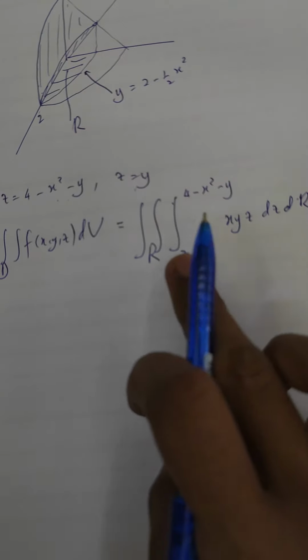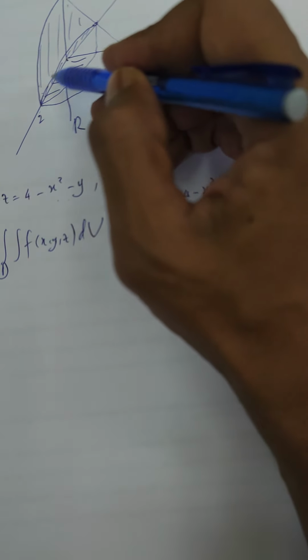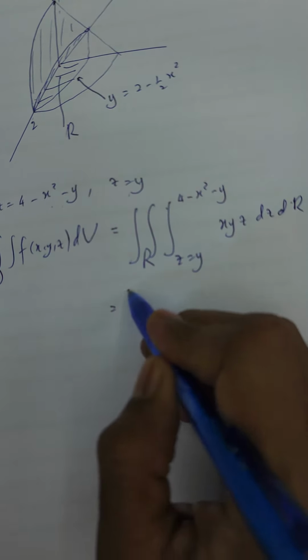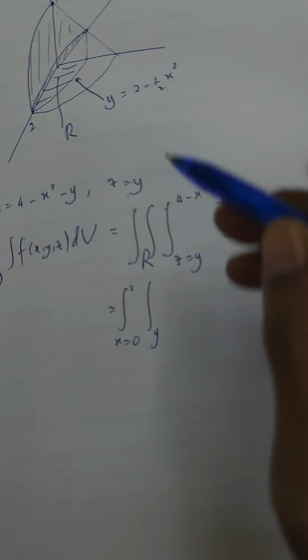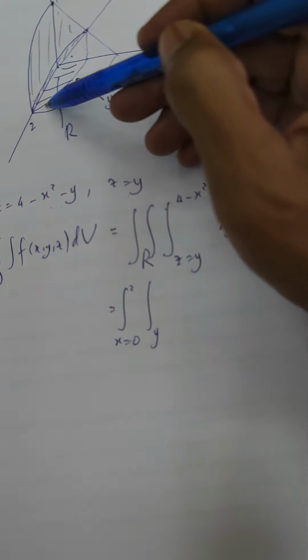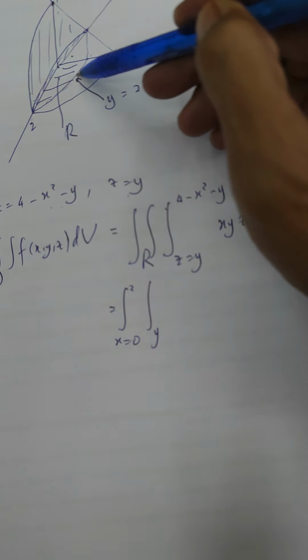Okay, so for x and y, you can see x goes from 0 to 2, so we integrate x from 0 to 2, and y from 0 to that curve.